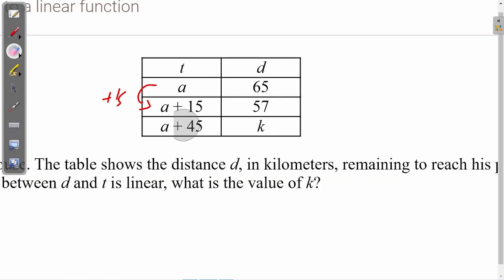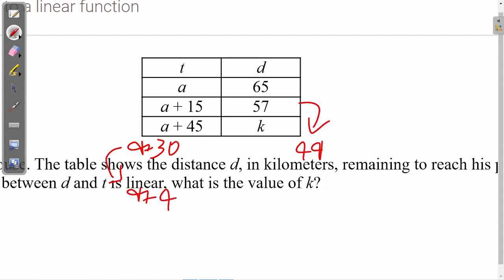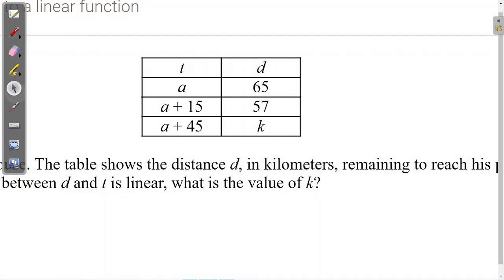So if you add 15 again, it becomes a plus 30. It will go down by 8 again, so it will be 49. Then you go plus 15 again here, a plus 45, minus 8 again, which is 41, which is what we want to find here, a plus 45. So that's it.